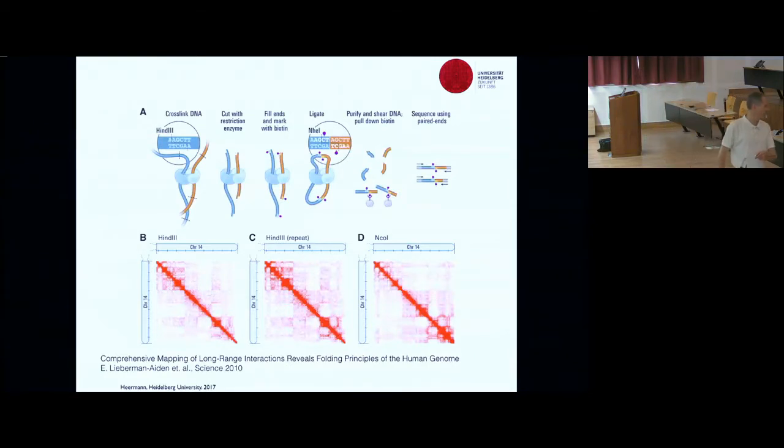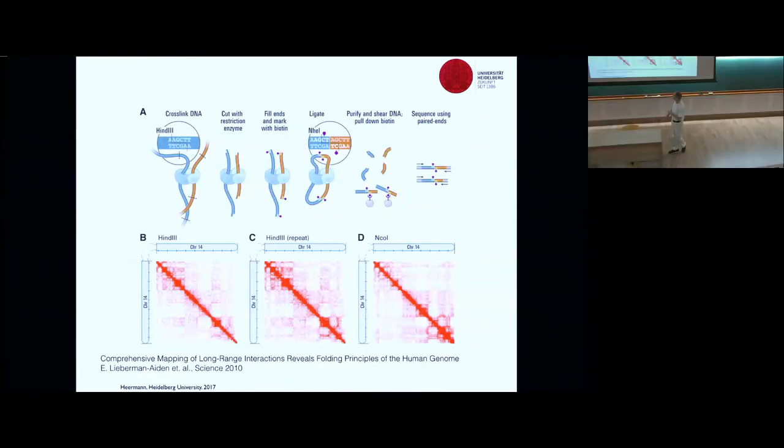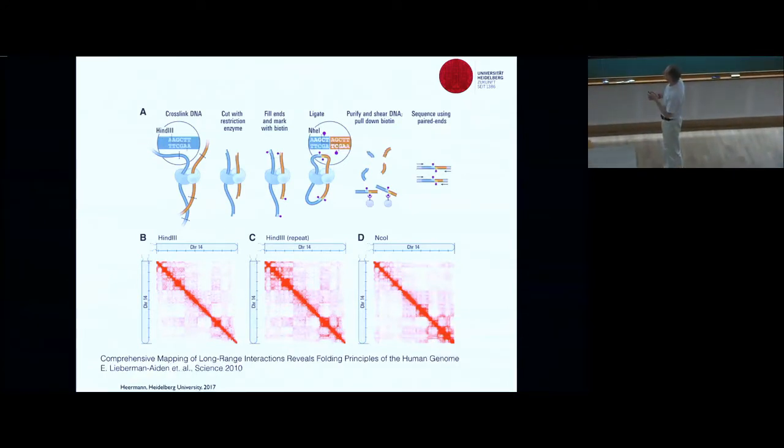This is from the famous Lieberman Aiden paper. What you plot then is one chromosome against itself, and you get a heat map showing which parts were nearest neighbors. Where the color is very hot, very red, those were high frequency contacts, averaged over a huge population, millions of cells.